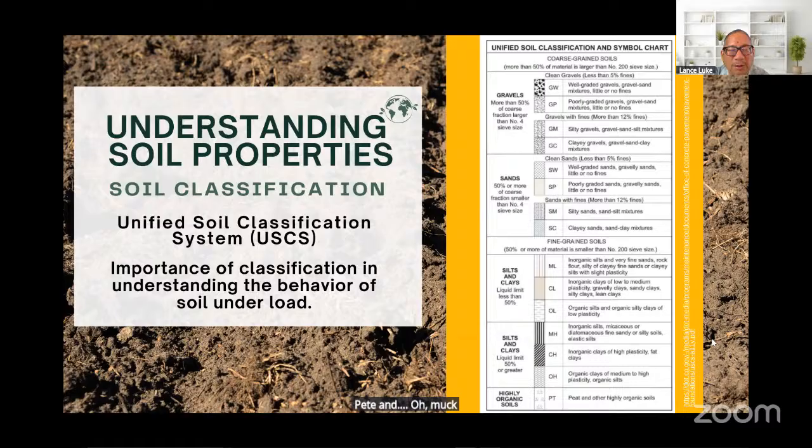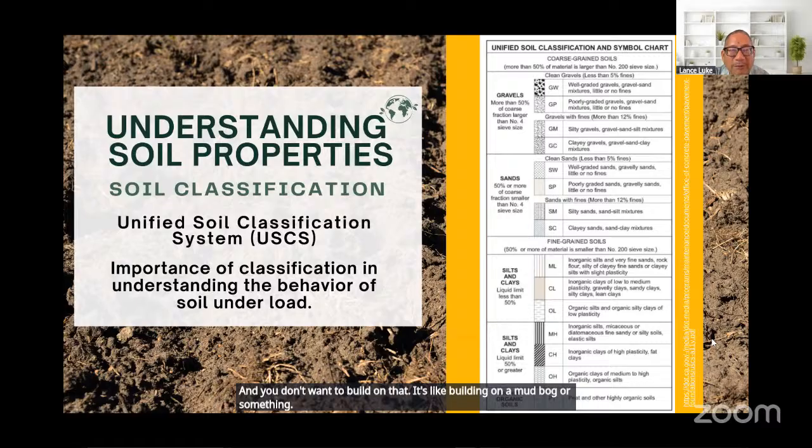And so the highly organic soil is basically almost no foundation. You cannot compact it, and you don't want to build on that. It's like building on a mud bog or something.